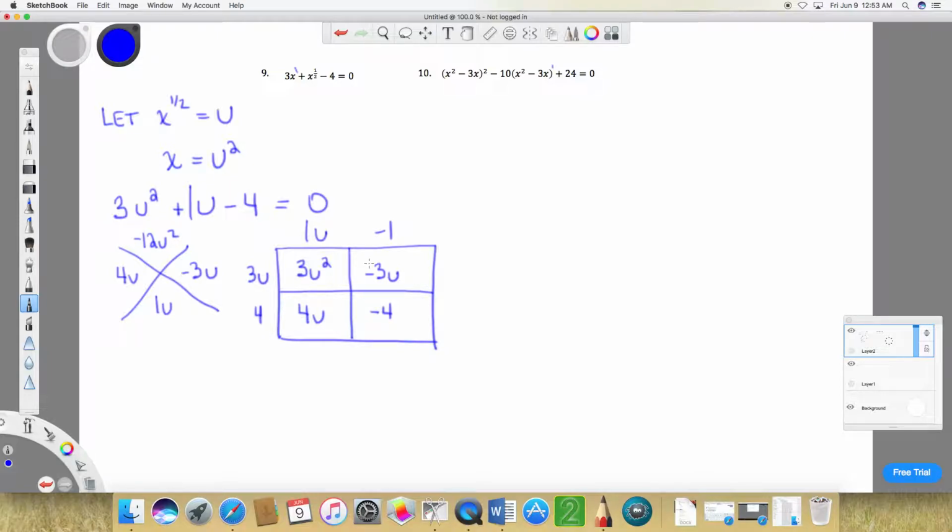And positive 4 times a negative 1 is negative 4. So that means that I can factor this trinomial into u minus 1 times 3u plus 4 is equal to 0. So this has two solutions where u equals 1, or that u is equal to negative 4/3.